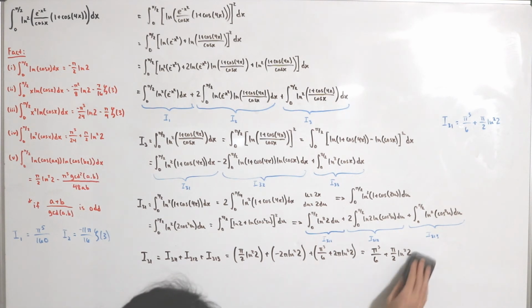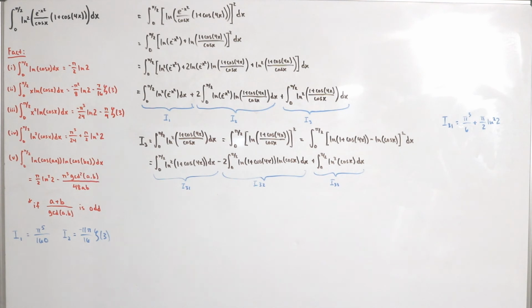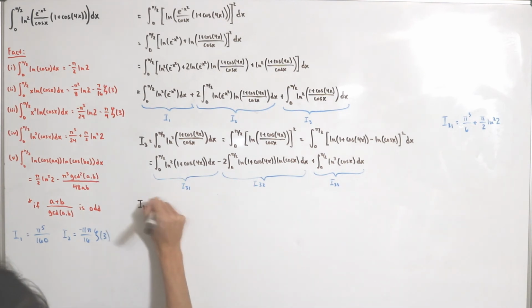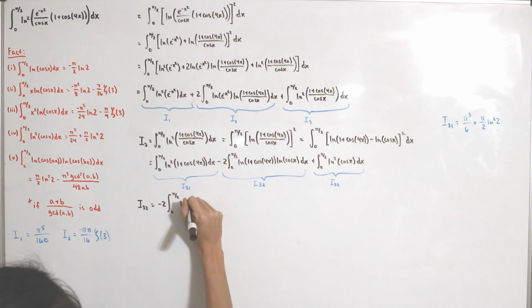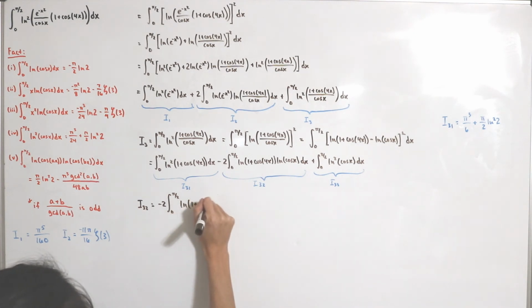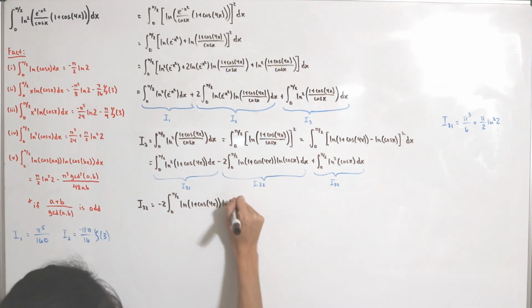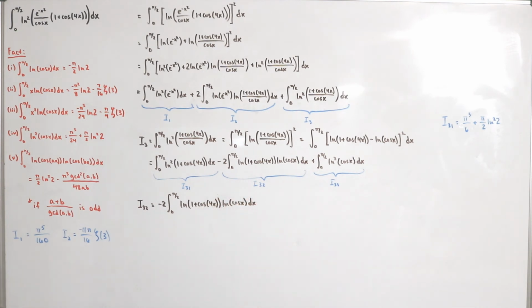And now I can actually get rid of this. Now up next we have to calculate our I sub 32. Our I sub 32 is equal to negative 2 multiplied by the integral from 0 to pi over 2 of the natural log of 1 plus cosine of 4x multiplied by ln of cosine x dx.